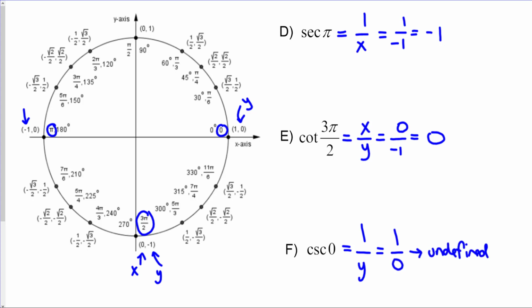And as you'll recall, there were many locations along the quadrantal angles where our functions secant, cosecant, tangent, and cotangent resulted in being undefined. So that's reflected here as well.